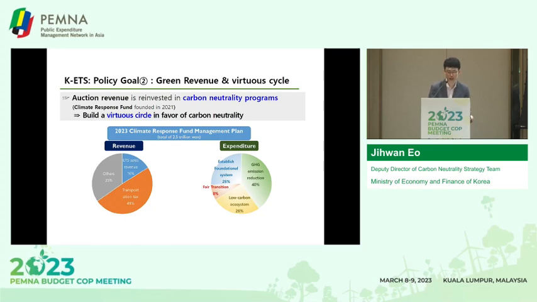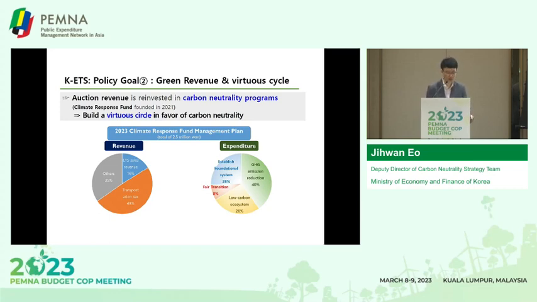Another objective of K-ETS is to create green revenue by selling allowances in government auction, and then reinvest this revenue in carbon neutrality programs such as R&D in green technology, or setting up the reduction facilities.